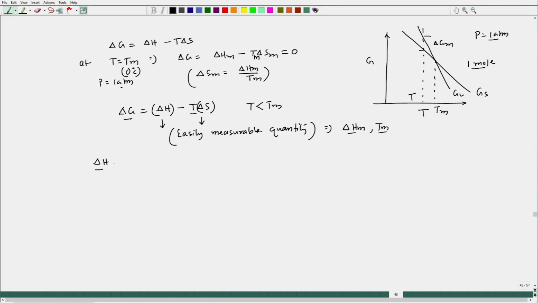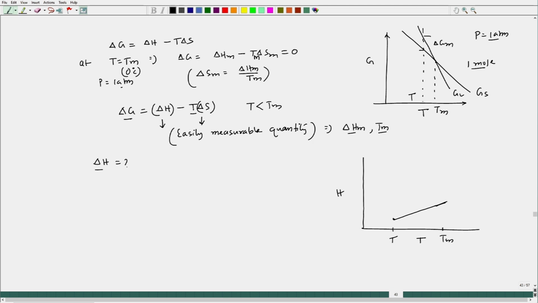In order to do that, let me just draw a picture where this is T, this is H. Let us say this is T m, this is T. Now, I start from here. Since it is below T m, it will be solid.